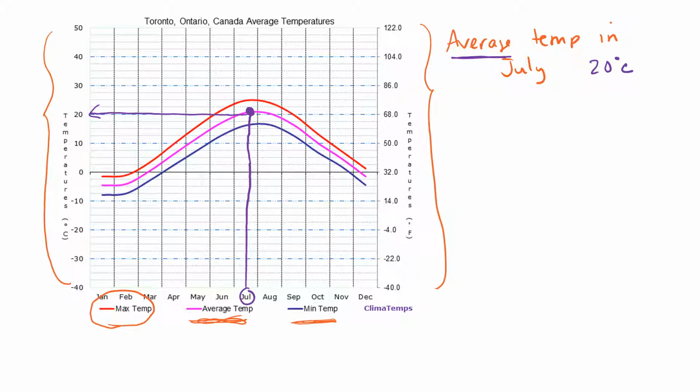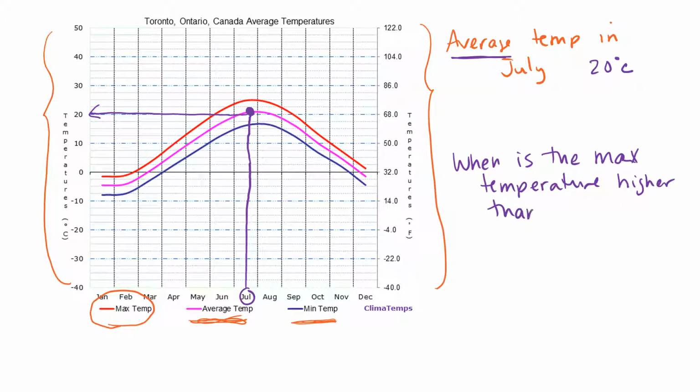So to flip that question around a little bit, when is the maximum temperature higher than 50 degrees Fahrenheit? So Fahrenheit means I need to look at the right scale. Here's 50 degrees Fahrenheit. Let me choose a different color.